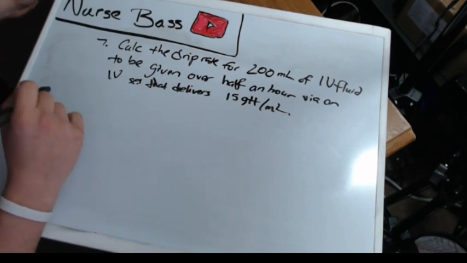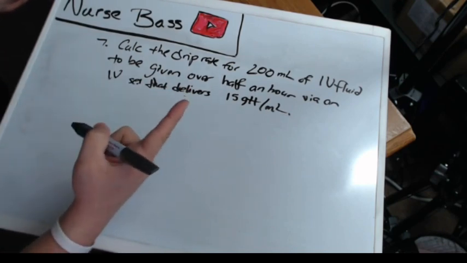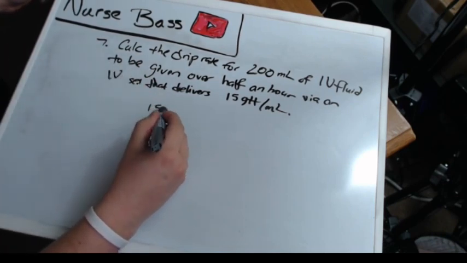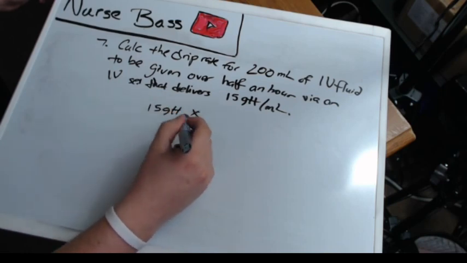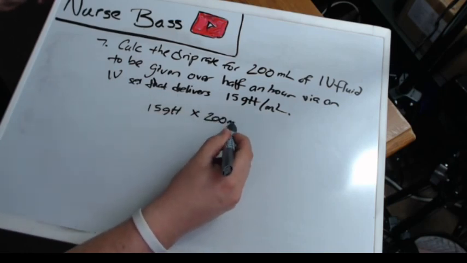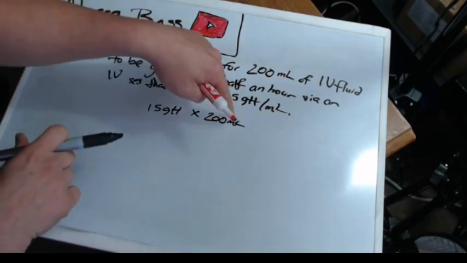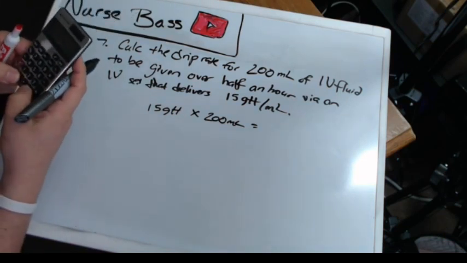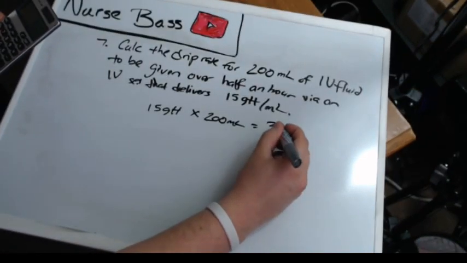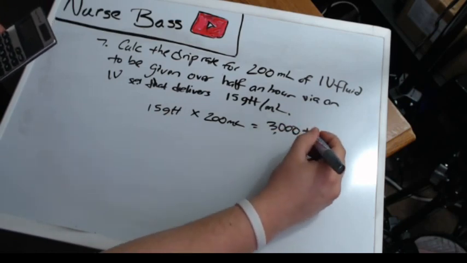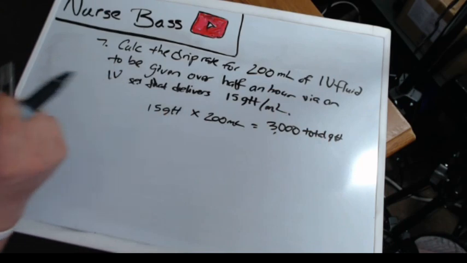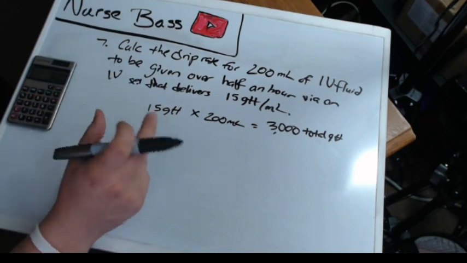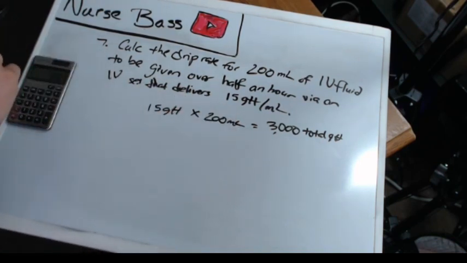If we have 15 drops per 1 milliliter, and what we have is a total of 200 milliliters, you need to do 15 drops times 200 milliliters. 15 drops per mil, which gives you 3,000 total drops. Okay? That 200 milliliters of fluid literally contains 3,000 total drops.